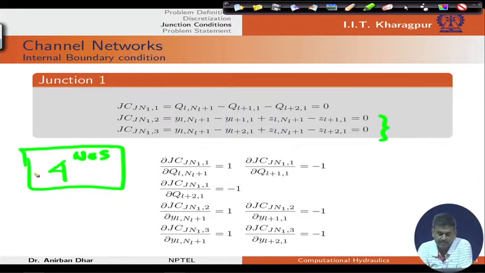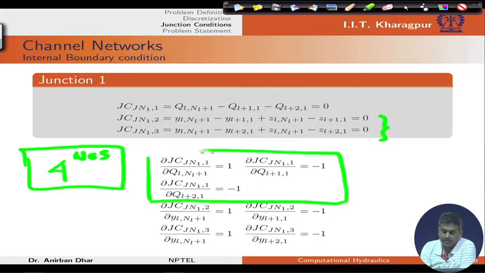In this case, from our continuity, 3 entries will be there. So, this is corresponding to NL plus 1, which is the end section of channel L, and the first section of channel L plus 1 and the first section of channel L plus 2. This was the case.